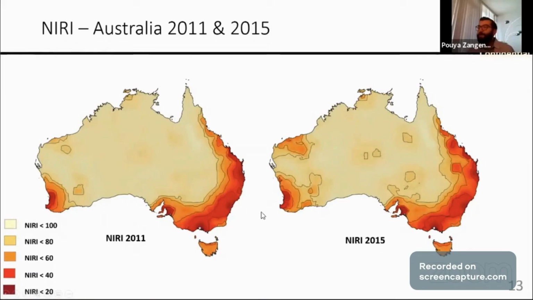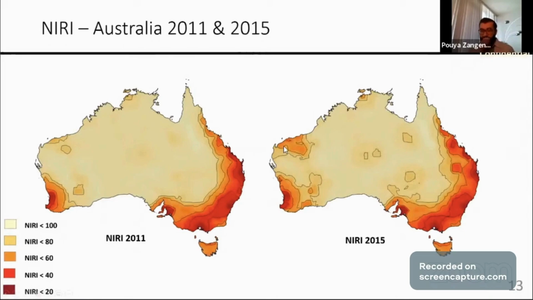From 2011, with the first nighttime lights, I forgot the acronym, and 2015 with the VIIRS, we saw a big expansion in the northwest part of Australia, which was expected because during that time there was a whole lot of industrial activity going on there, a few very, very large projects.